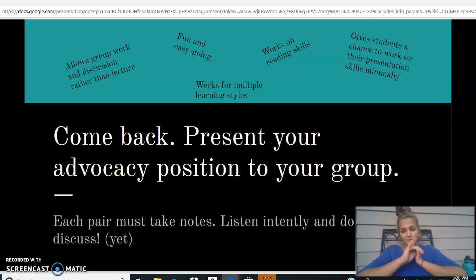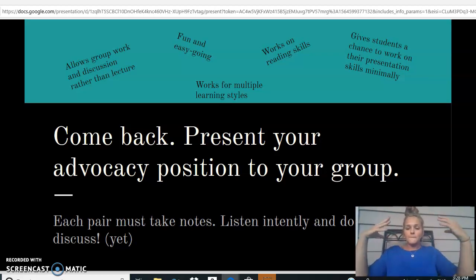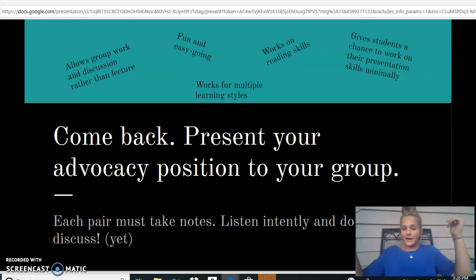Then I would switch up on them and make the pairs switch their advocacy positions. So now, if you were a patriot, you have to argue the loyalist side. And this is really good for seeing multiple perspectives and being able to gather enough proper information to have a solid argument on either side. I think that's a very good skill to have.